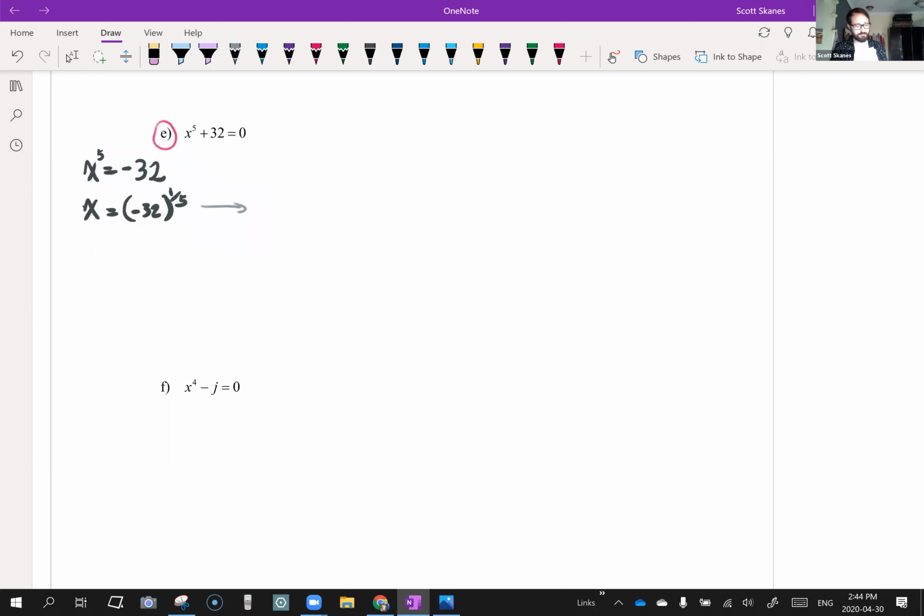As a polar form number, we have negative 32, 180. So really we have 32, angle 180, power 1 over 5. That's what we need to deal with, okay?